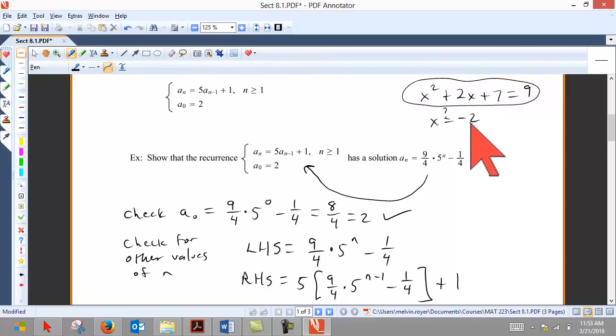And so I take my proposed number and plug it back in and see if I get the same number on both sides. This recurrence relation, the solution is a function. And so I take the function and plug it back into both sides and see if I get the same expression on both sides. Same concept, but one level of complexity up.